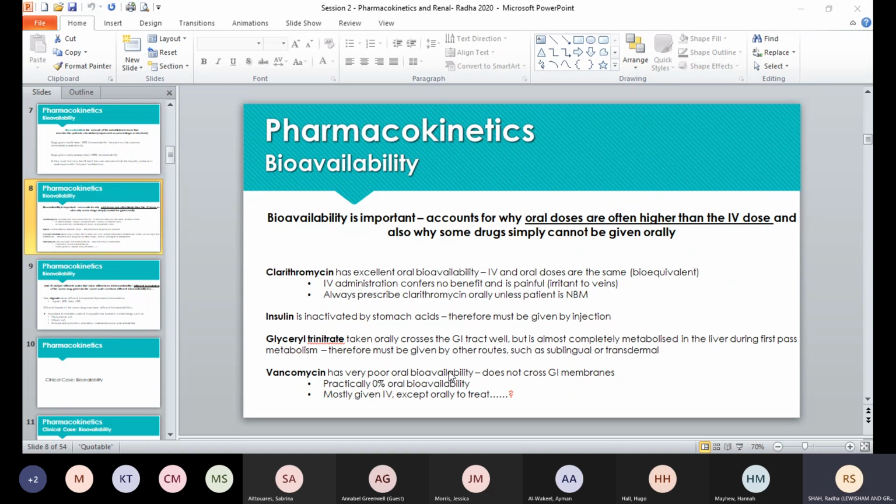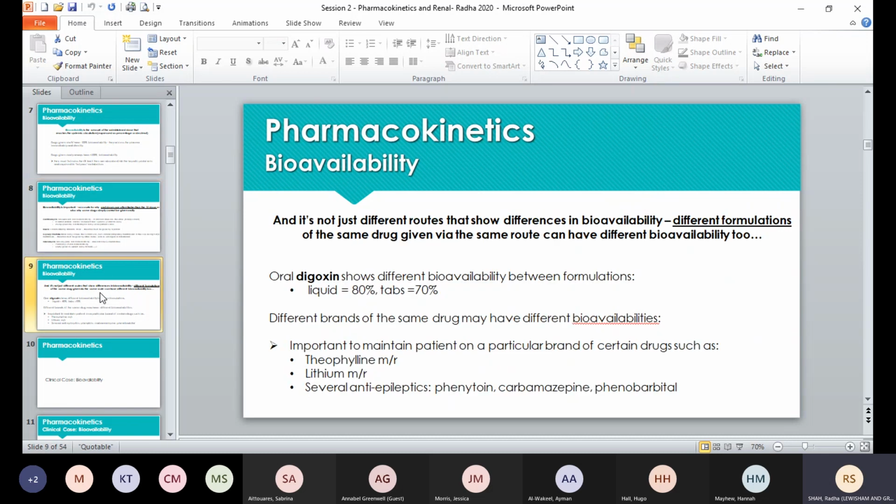Yeah, exactly, Catherine. So the only reason why we would give vancomycin orally is because of C. diff, because that is the localized area of the infection, and that's where we want to target the drug. That would be the only indication.